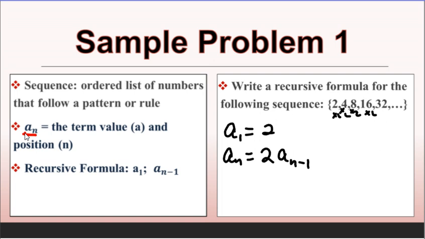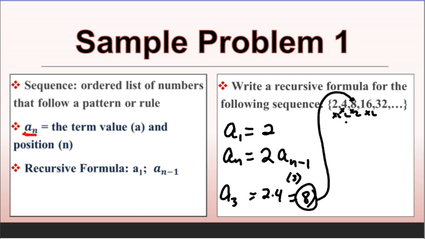If I were trying to find the third term, I would put a 3 in here. 3 minus 1 is 2, so the second term is 4. 2 times 4 gives us 8, and this would be our third term. And if you look up here, our third term is 8.